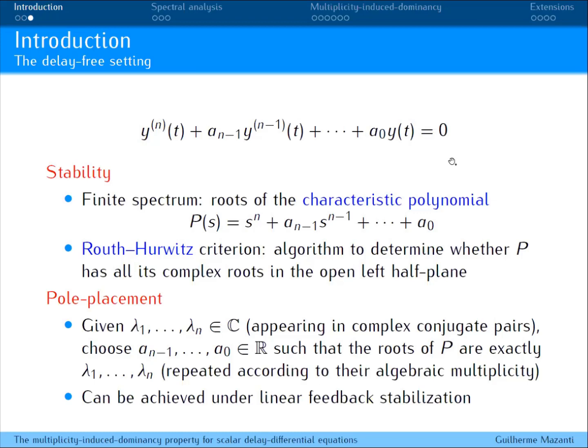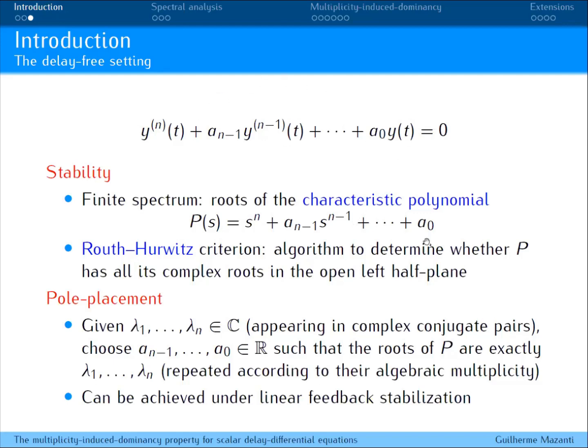If I have just an equation like this, we can study it from a spectral point of view. And its spectrum is just the set of roots of a characteristic polynomial, a polynomial function here, whose coefficients are the coefficients of the equation. And we have the Routh-Hurwitz criterion, which is an algorithm to determine whether P has all its complex roots in the open left half-plane, which is equivalent to saying that this system here is exponentially stable.